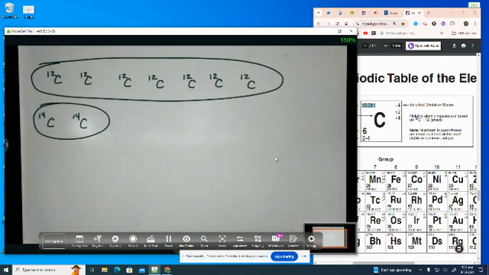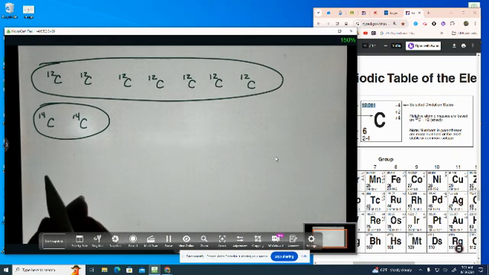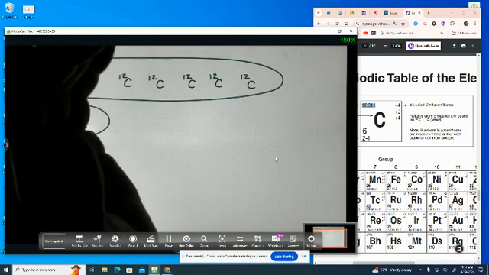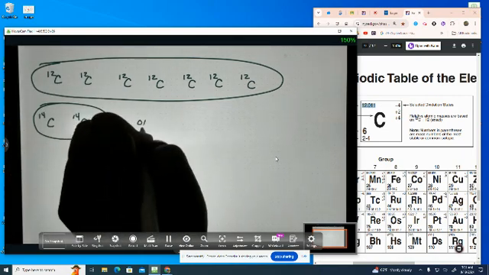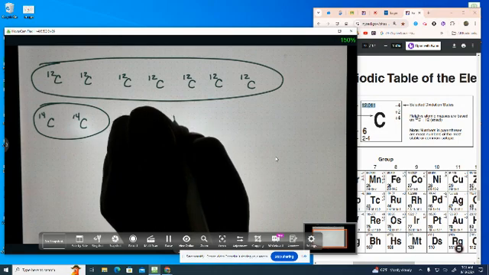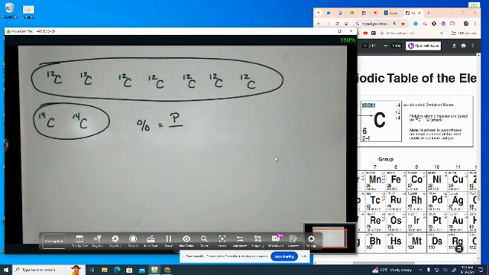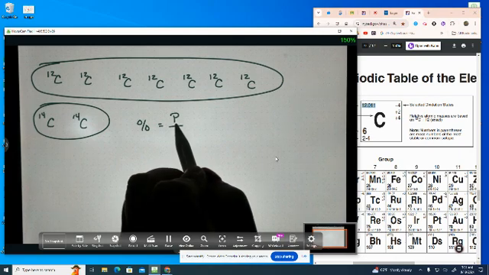Does anybody know how to find percent? Okay. So when you're finding percent, it's out of 100, right? The formula for finding percent is going to look like this. You're going to use this formula all year long, okay? The part that you're looking for the percent of.